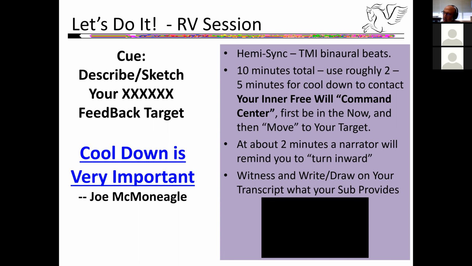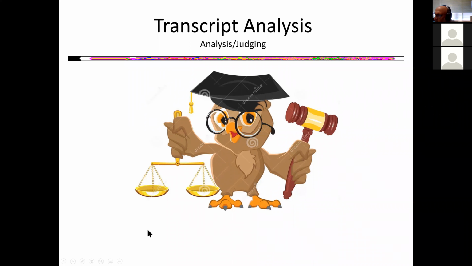People sometimes get deep enough that this idea of stretching and bringing their intellect back might take a minute or two. Okay, I'll assume you're all with me.